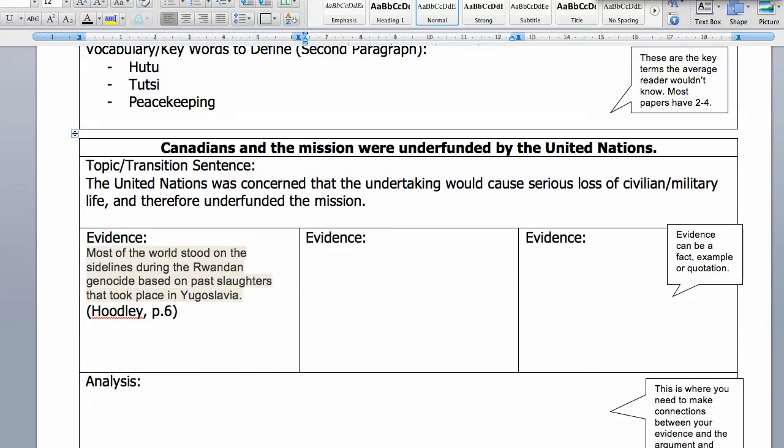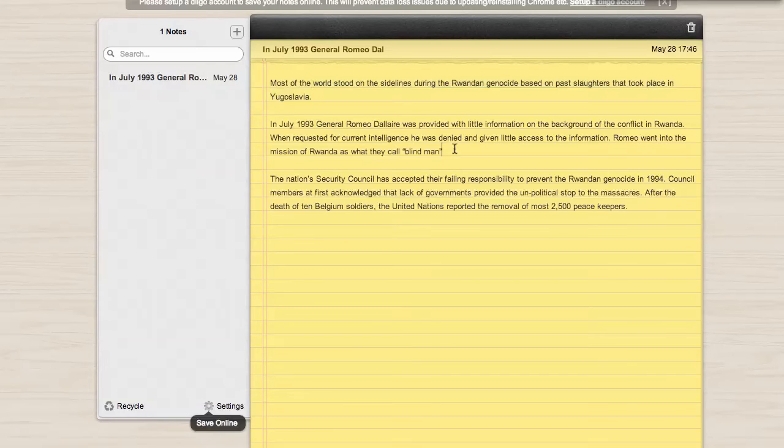This piece of evidence supports the transition. It supports the idea that because of the issues in Yugoslavia just a couple years before, the UN is really nervous about losing more lives in another UN peacekeeping mission. So they're really scared to overcommit and send a lot of forces because it looks really bad when internationals die. It's kind of a sad truth, but it is what it is.